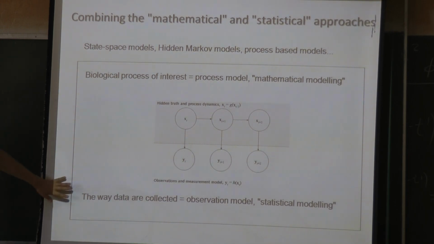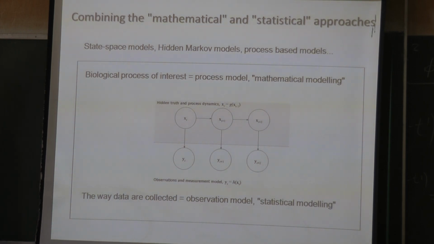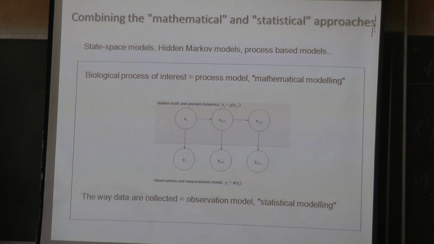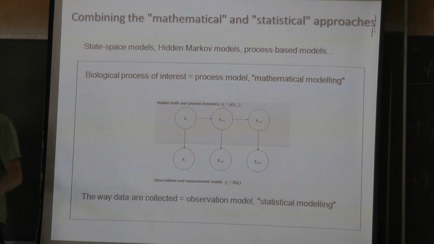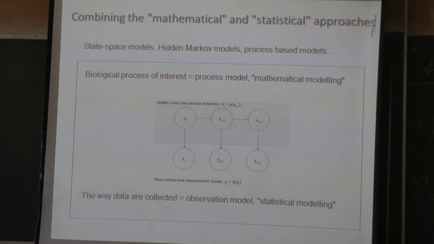And so the way the data are collected, that's pretty much the same as the observation model, and you can call this the statistical modeling part of the state space model. For example, when I presented this case study of butterfly movement in heterogeneous space, this upper part of the graph was my diffusion model in heterogeneous space with diffusion, habitat selection and mortality.